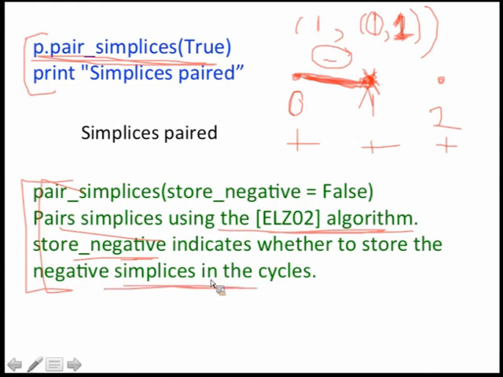Maybe you don't want to store them, maybe you just want to know the generators. But here we're actually going to store the negative simplices as well, so we will also know what our negative simplices are. The default is false, but we set it equal to true, so we will be storing them.